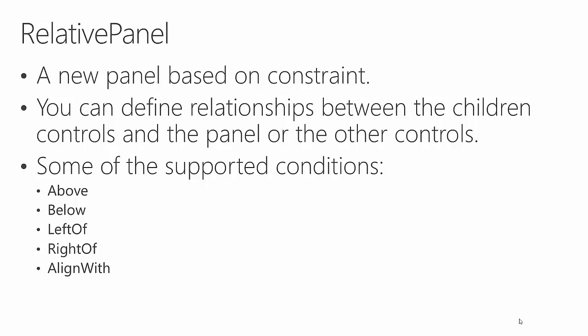The relative panel is a new panel where all the contents placed inside are arranged according to relationship between the controls and the panel itself, or the children controls, meaning that you can define, for example, that one control should always be below one other or left of one other, and this is very helpful to create applications where the layout can quickly change according to the size of the window.